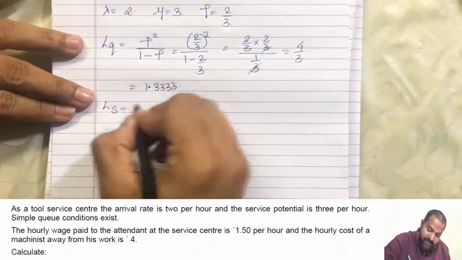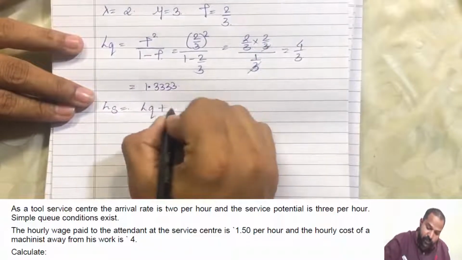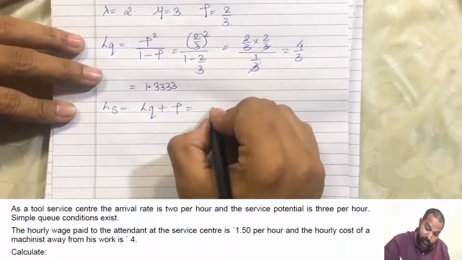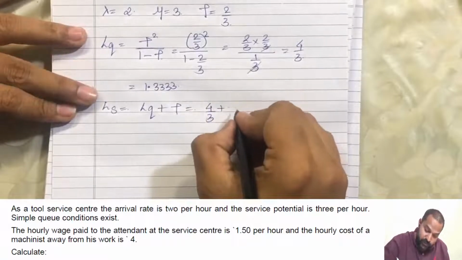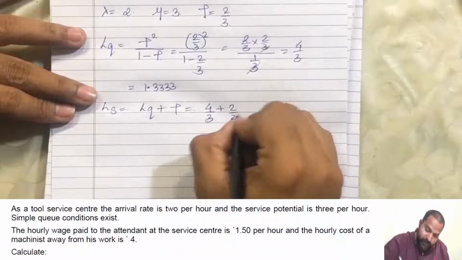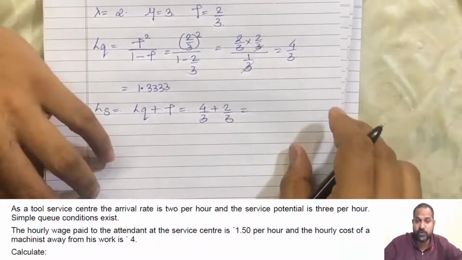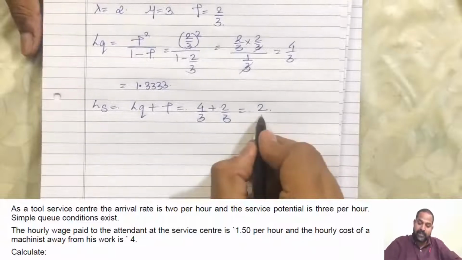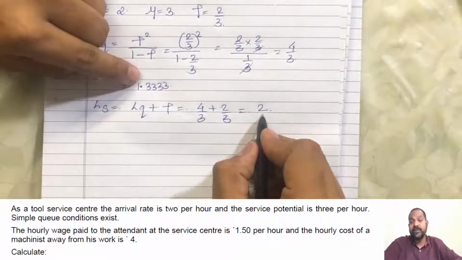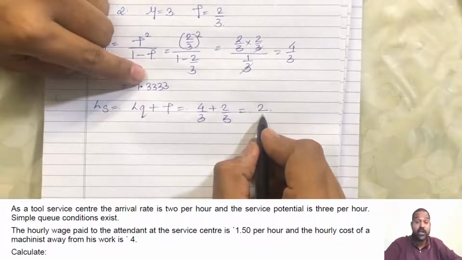Length of the system is length of the queue plus rho. Length of the queue is 4 by 3. Rho is 2 by 3. Again, 4 plus 2 is 6 divided by 3 is 2. So there are 2 people in the system, out of which 1.33333 are in the queue.